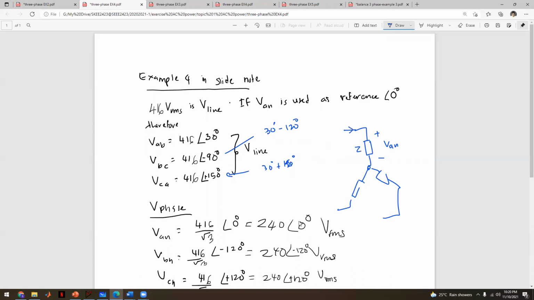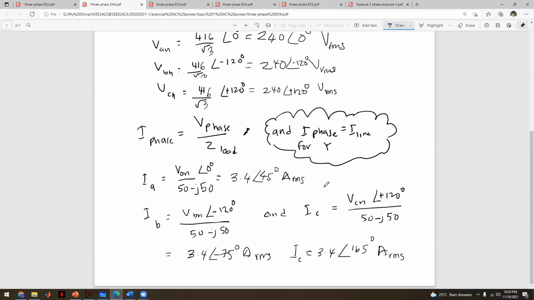To calculate the current IA, I need to use the voltage across the load. Right now the voltage across the load is VAN, not VAB, so I need to use VAN instead. That's why this one must be V phase.